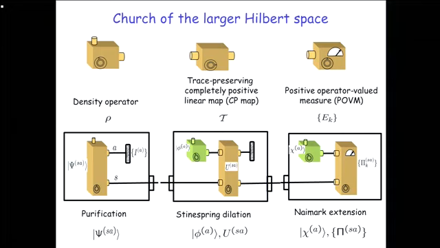Call that a purification type preparation of that mixed state. Similarly, for any POVM, it was always possible to measure it by doing a projective measurement on S, your system of interest, and some ancilla prepared in some state chi A. And the analogous thing here was that for any trace-preserving completely positive linear map, you could always implement it by coupling your system unitarily with some other system that you've prepared in some state and then ignoring it.